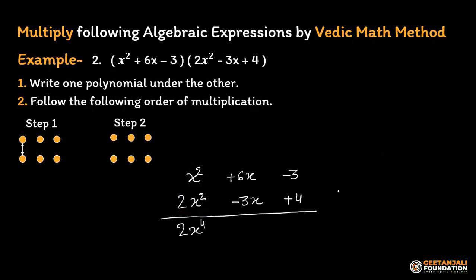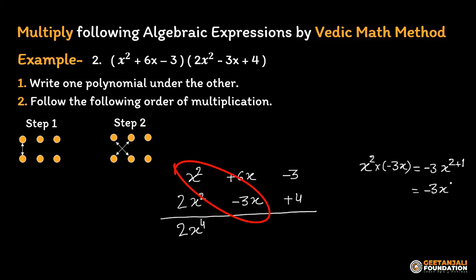In this step, we will move towards the right and cross multiply the first two columns. So we will cross multiply this with this and this with this. So when x squared is multiplied with minus 3x, we will get minus 3x raised to 2 plus 1, that is minus 3x cubed.